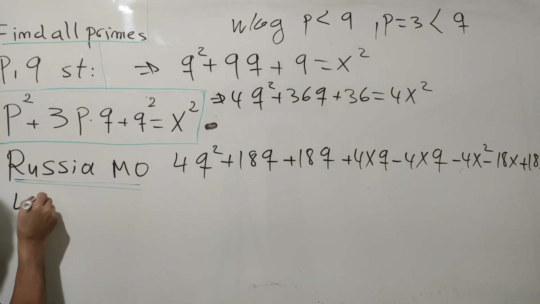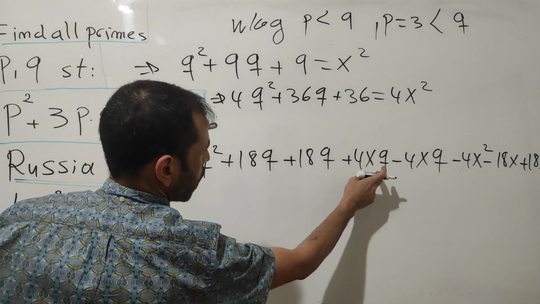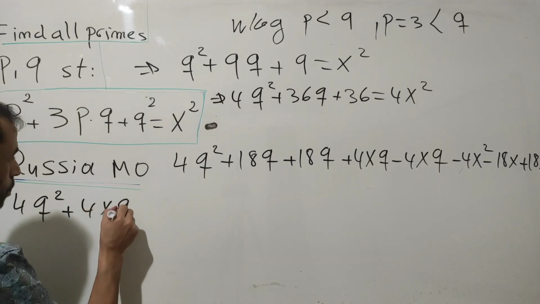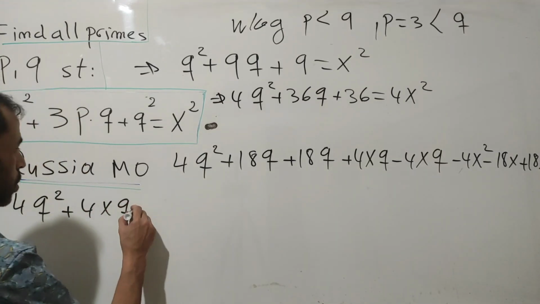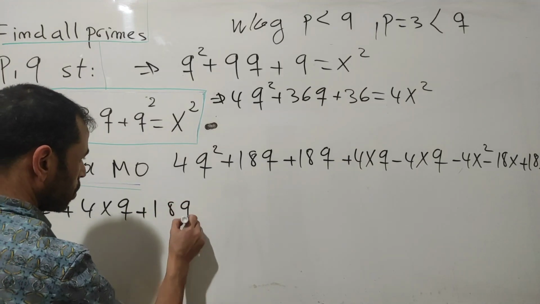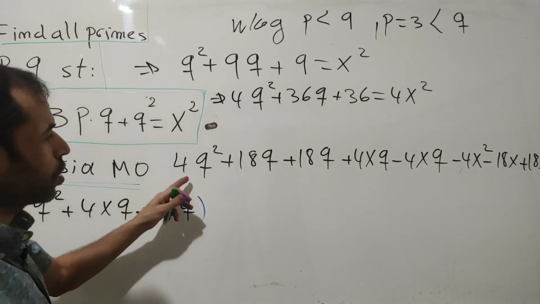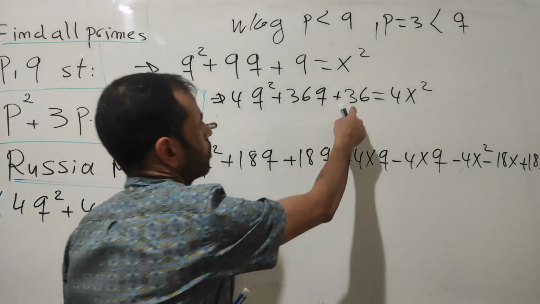Okay, let's rearrange this one. So we get 4q squared. Let's bring this 4xq next to this one, 4xq. Let's leave this 18q next to this one. Now we are going to finish with these 3 terms. Make sure we have 3 terms here. Okay, don't forget this plus 36.